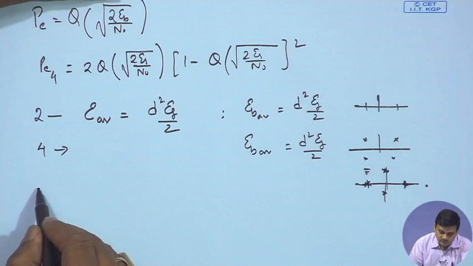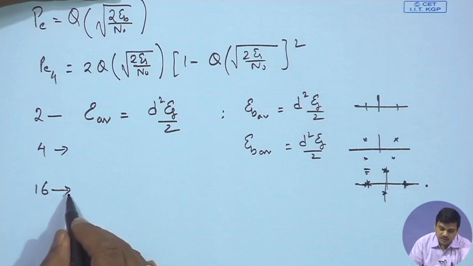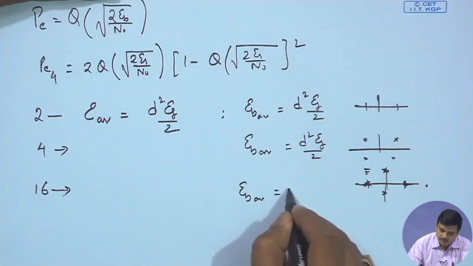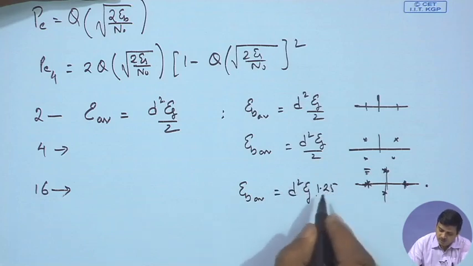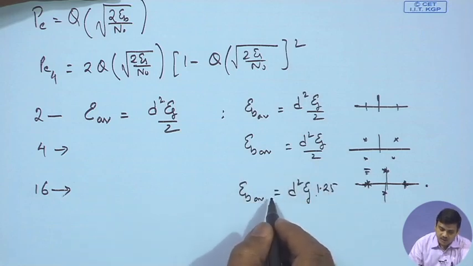So, if we have to go for 16 level constellation, that means 4 bits, in that case you are going to get Eav to be d squared Eg times 1.25. This is based on the average signal energy that you would require.